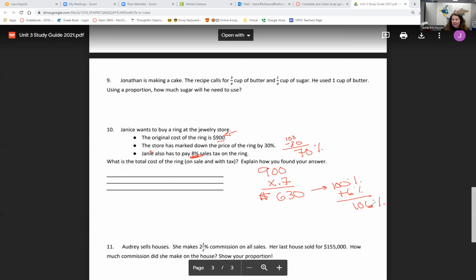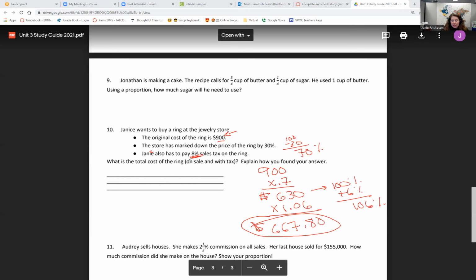I'm going to turn 106 into a decimal, 1, 2. I'm going to multiply by 1.06. So 630 times 1.06 is $667.80. That's how much the ring is on sale and with 6%.